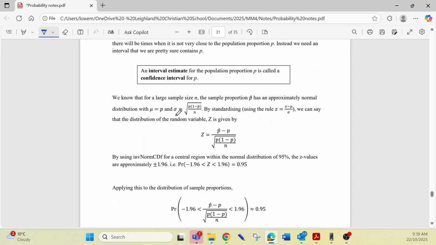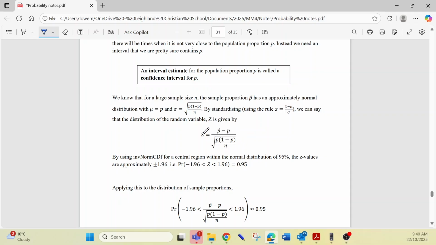Now, if we standardise, okay, by bringing everything back to having a mean of 0, that uses this rule here for z, our standard normal value given by x minus mu over sigma, then we can say that the distribution of the random variable z is given by this here. Okay, so this is our x value, that's our mu, our mean, and this is our standard deviation, so that gives us z.